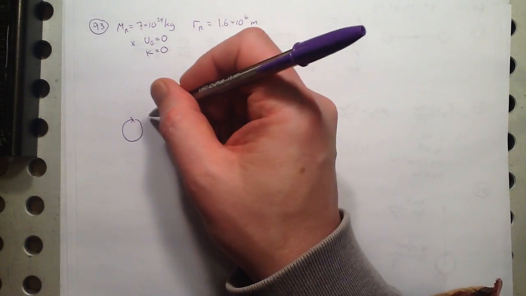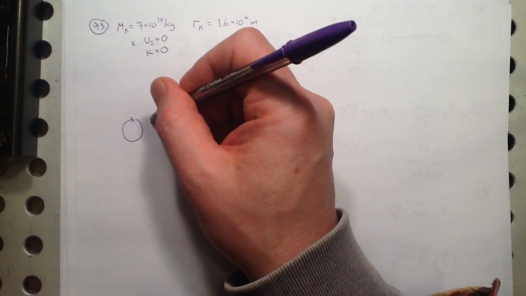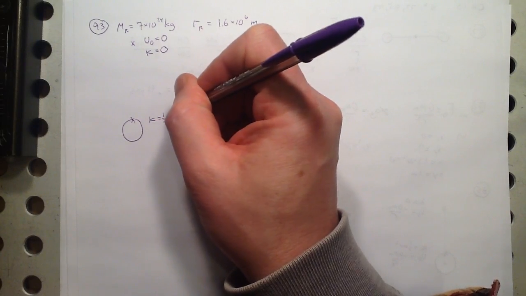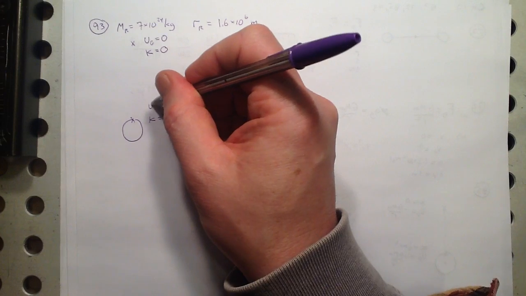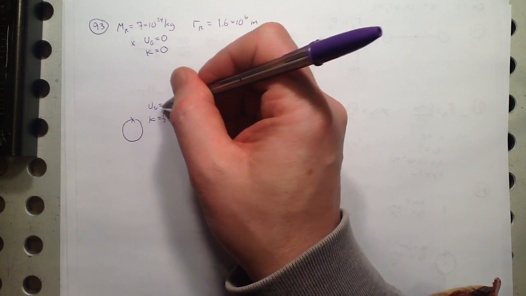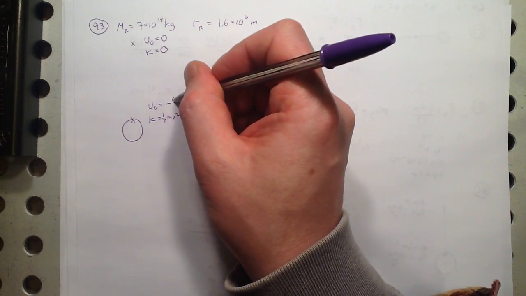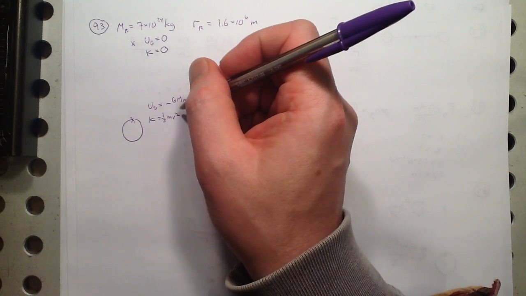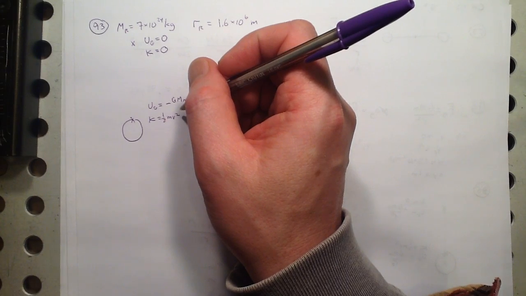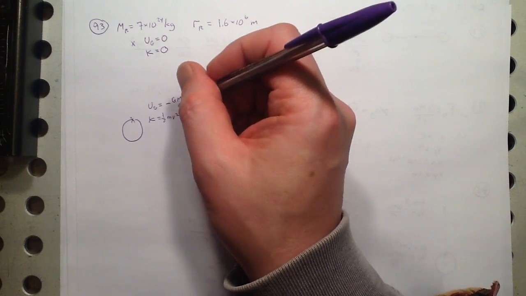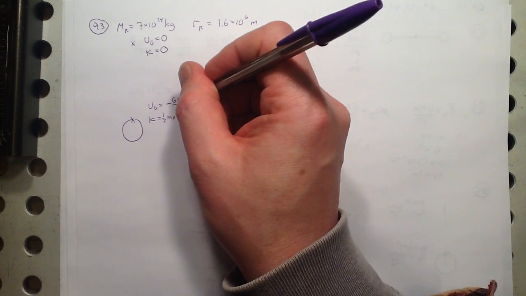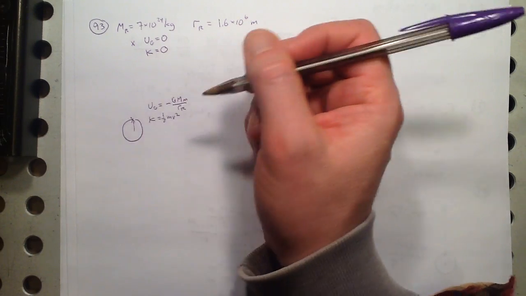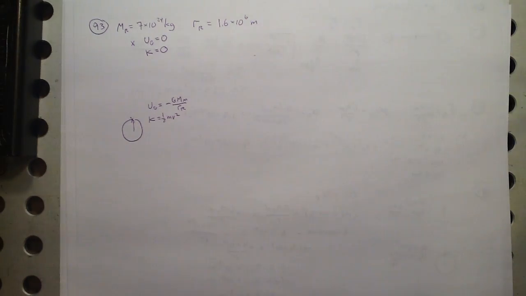So then when it gets to the planet, it's going wicked fast, some 1/2 mv squared, and it also still has some universal gravitational potential, negative G, mass of Rotan, mass of the meteorite, over r, and that's the r, the radius of the planet here. And we just need to solve for that v.